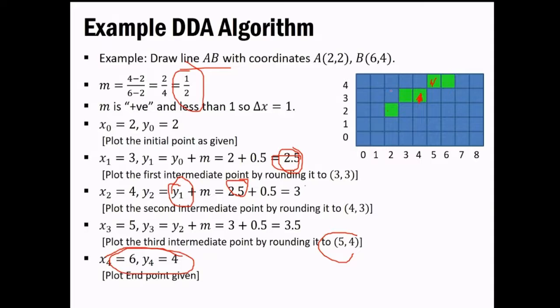In the examination this whole thing carries 0.5 marks. So if you don't draw this in the examination, you won't get full marks, even though the intermediate points are correct. So you have to draw this in the examination.